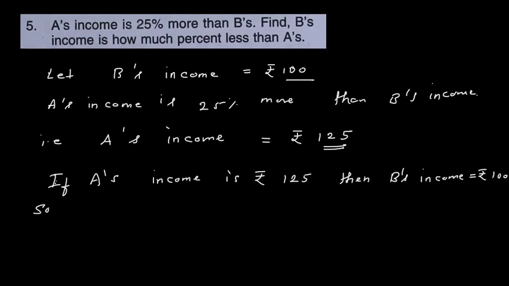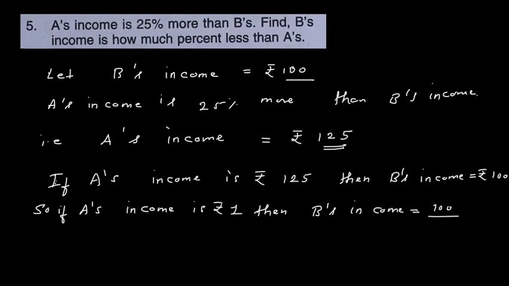So if A's income is rupees 1, then B's income will be 100 upon 125, right?